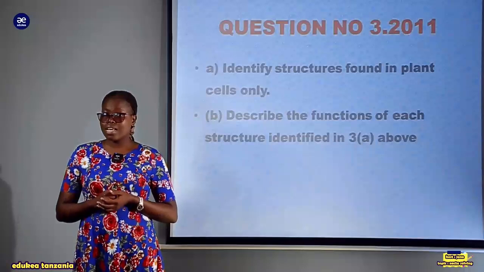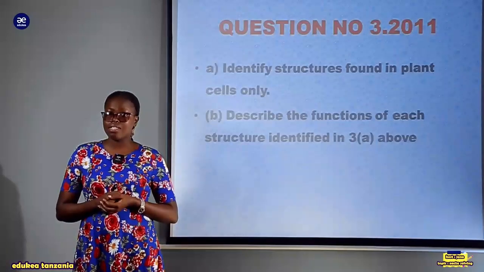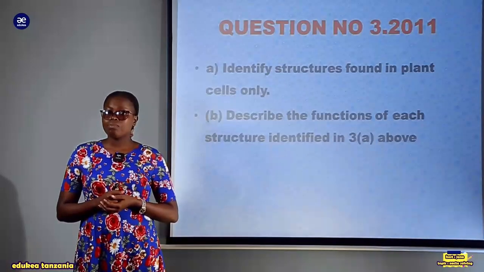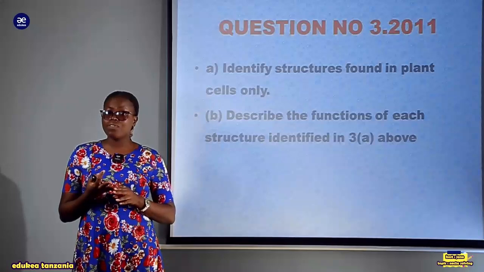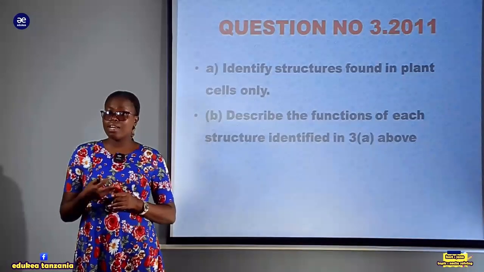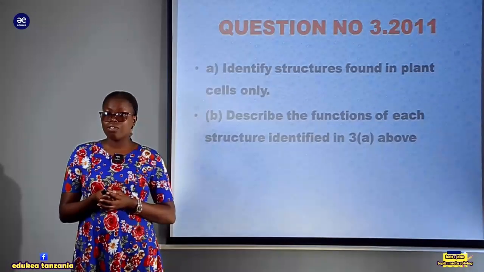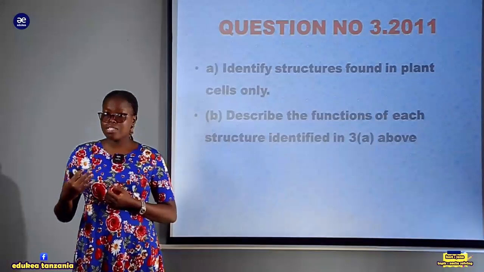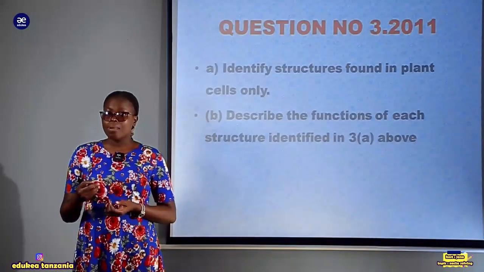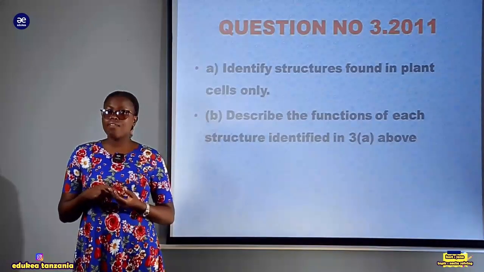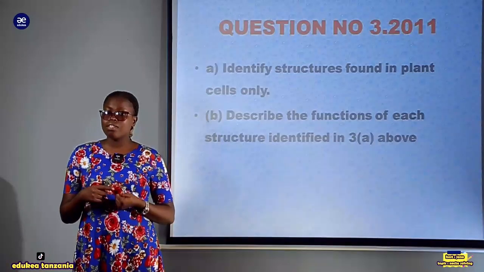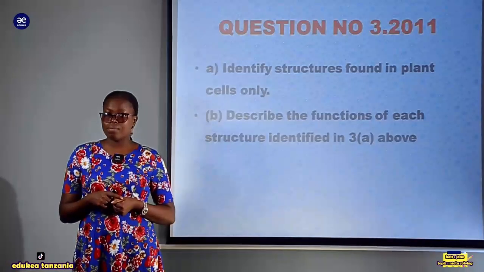Once we discuss the animal cell and the plant cell, we see that the animal cell has the nucleus, cytoplasm, mitochondria, cell membrane, and vacuole. Now the structures found within the plant cell: the plant cell also has the nucleus, cell membrane, cell vacuole, and cytoplasm.